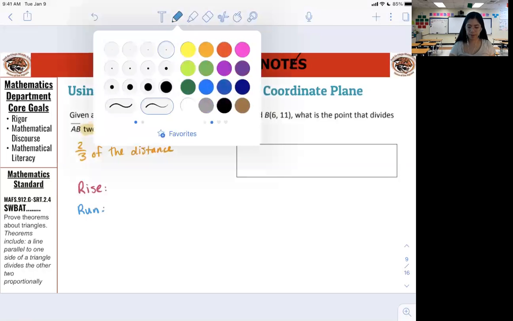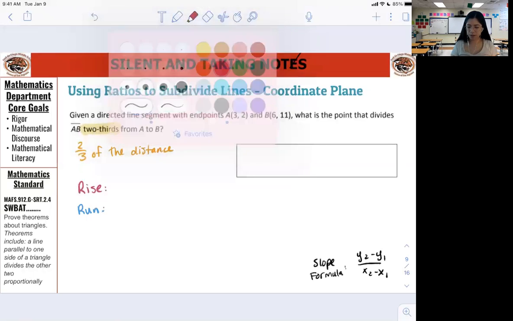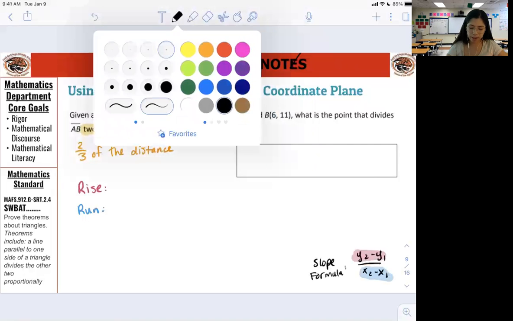So I'm going to write down the slope formula so we remember it. y2 minus y1, that's your rise. x2 minus x1, that's your run. So all I really need to do is y2 minus y1. So what is that going to be for me?